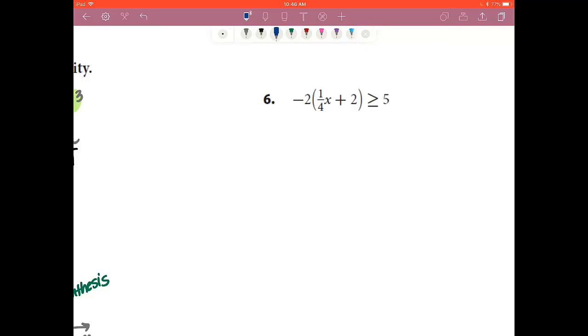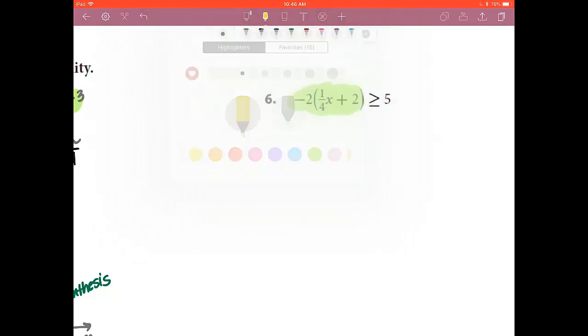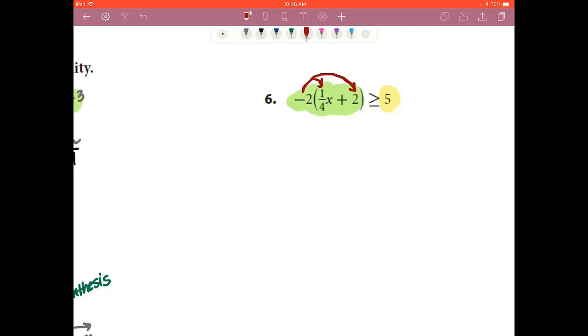Okay, here's another example. We have negative 2 times the quantity 1/4 x plus 2 is greater than or equal to 5. Now I'm going to distribute the negative 2 because dividing both sides would leave me with a fraction on the right-hand side, and I'd prefer not to do that.